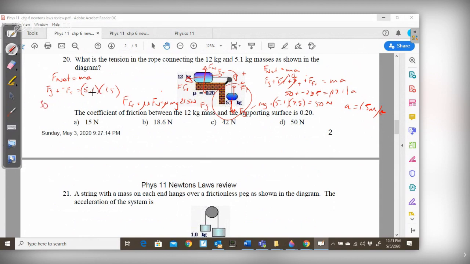And so this 5.1 times 1.5 is equal to 7.65. That's going to come over as a negative value. And we'll have our force of tension over on the other side. So we get force of tension is equal to 42 newtons. So that's C.